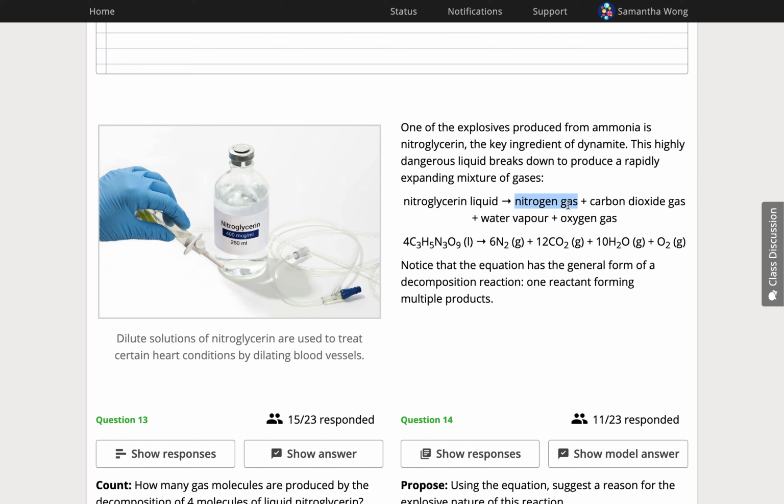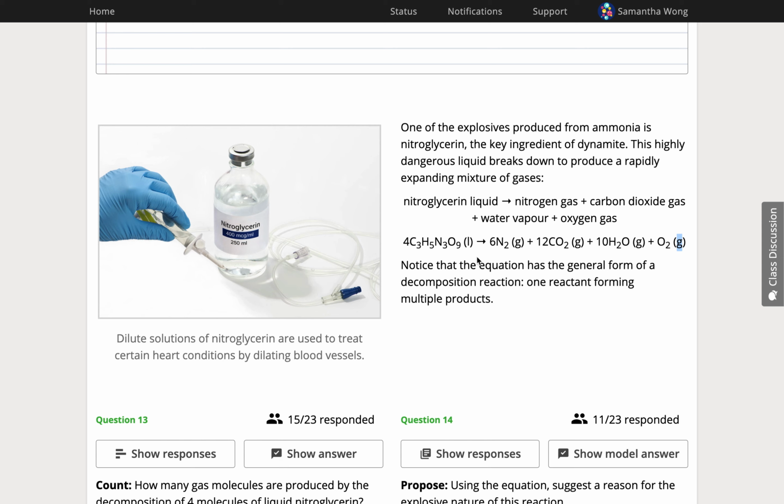It breaks down to form nitrogen gas, so 6 lots of nitrogen gas, 12 lots of carbon dioxide, CO2, gas, that's told us there. Water vapor, so water, H2O, so 10 lots of that. Because it's a vapor, it's in a gas form. And oxygen, O2, as a gas, shown by the G.